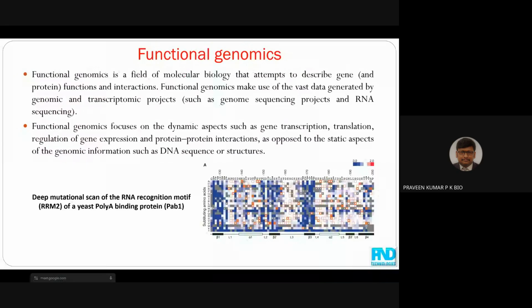Functional genomics. If you're working on the function of a particular protein, for example insulin, the insulin ligand is just 110 amino acids, and the receptor is around 700 something. Not the entire protein is responsible, not the 1 to 110 amino acids, for the insulin function of controlling blood glucose.